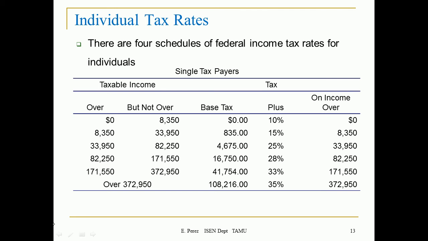So in this table, what we have is information that gives you a range in terms of the income of an individual taxpayer. As you can see, the first range goes from 0 to $8,350, and from there you go to the next.